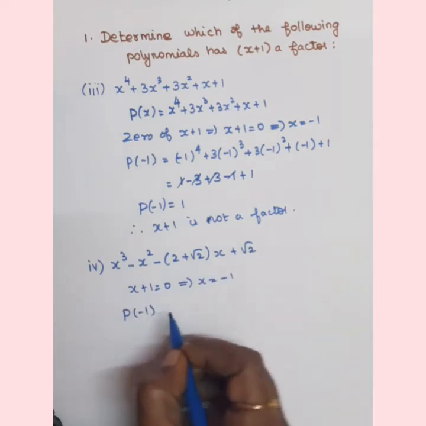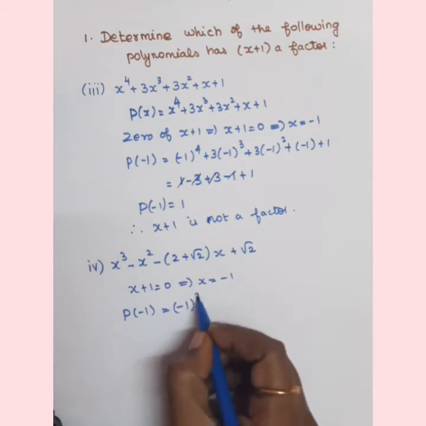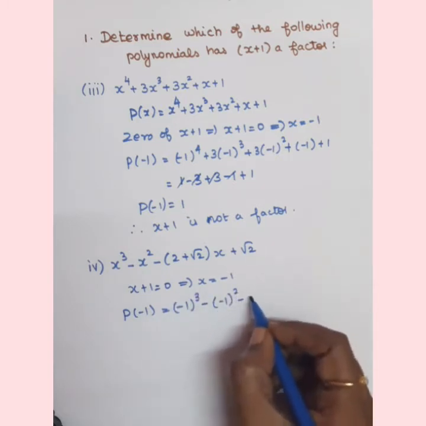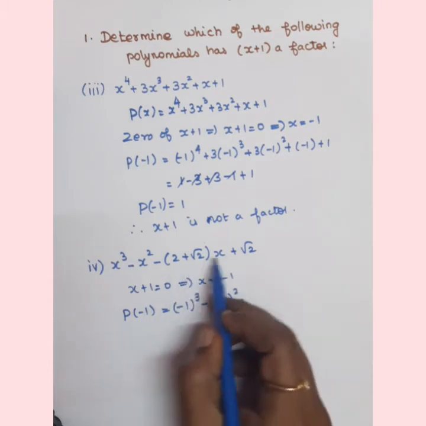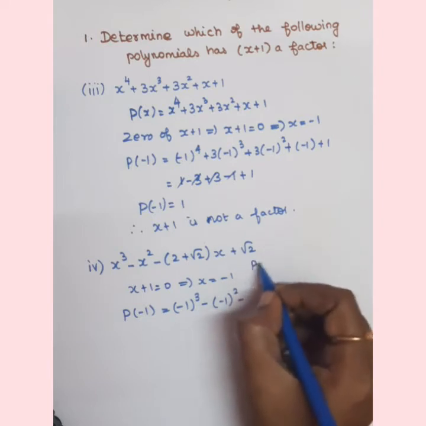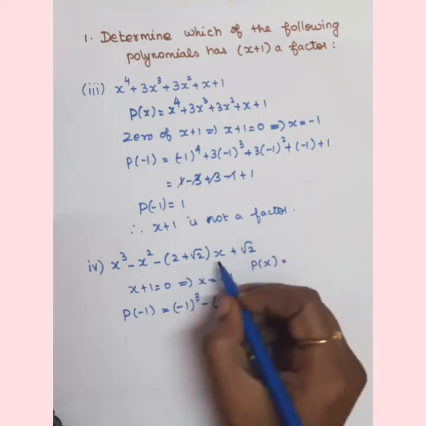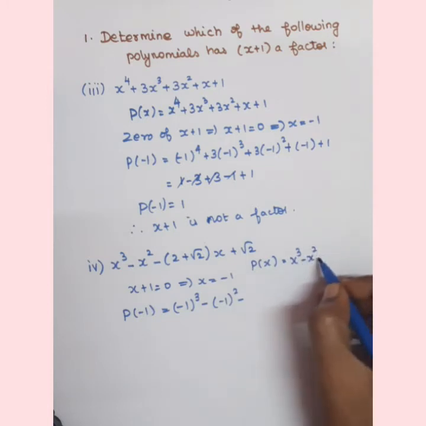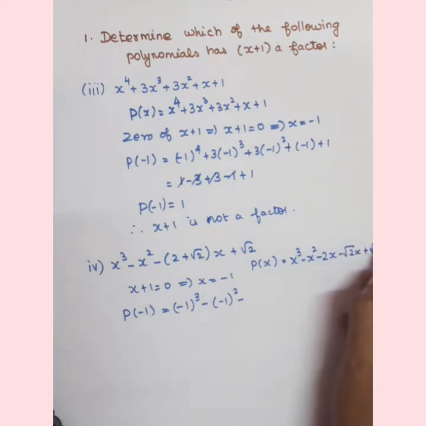So p of minus 1 equals minus 1 the whole cube minus minus 1 squared minus 2 into x. So you can write this p of x, to make it simpler, as x cube minus x squared minus 2x minus root 2x plus root 2.